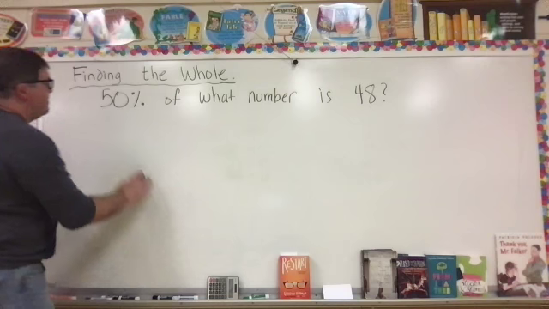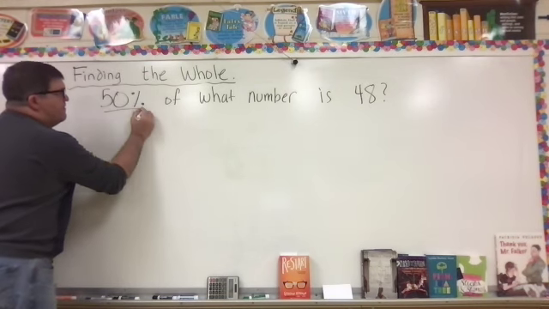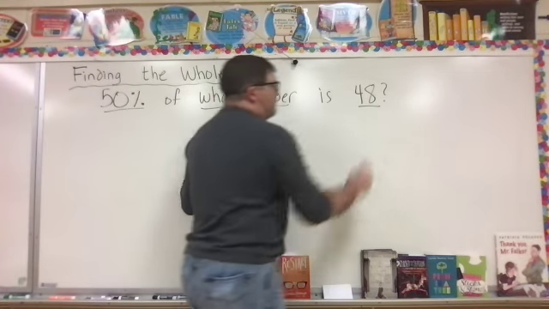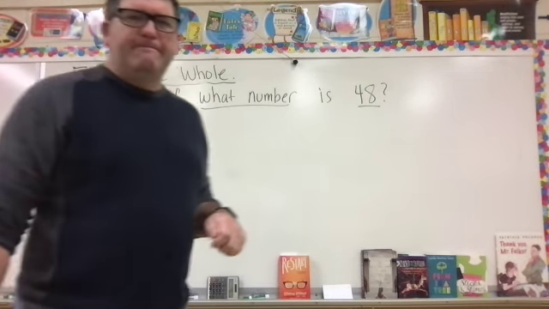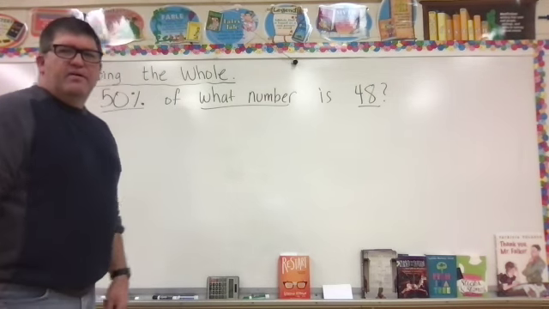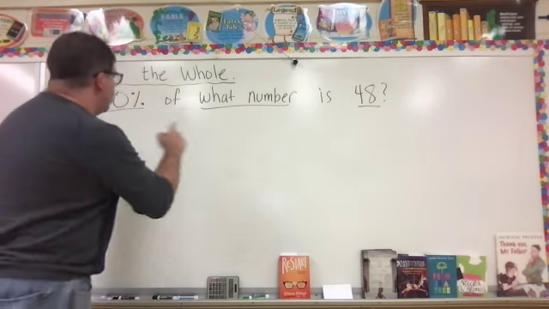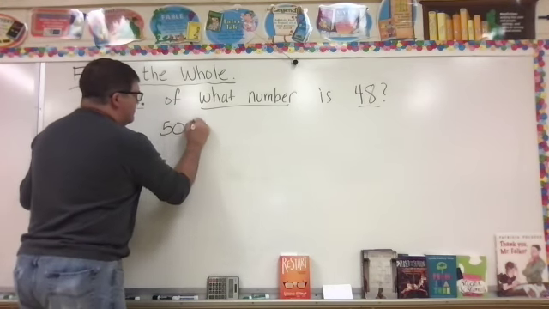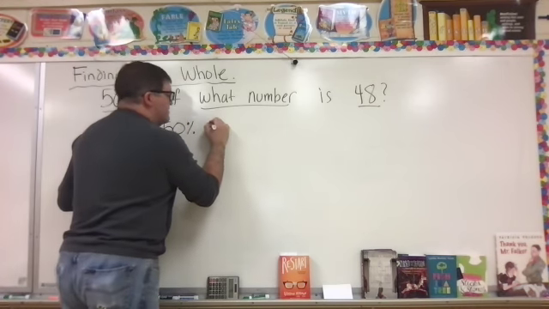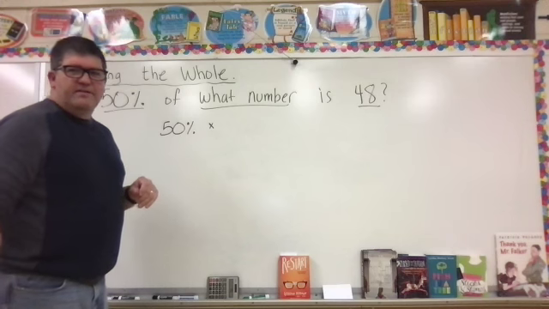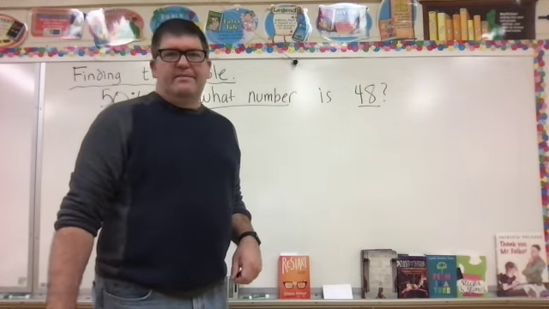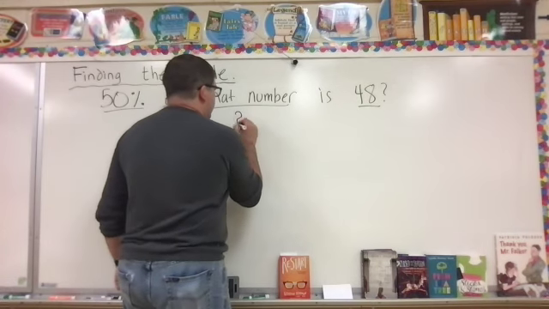So you might have a question that says 50% of what number is 48? Okay. Now, if we can write it out this way, we do a little changing. I'm going to keep the 50% just like it is for now. I told you that in math, of is the same as multiplication. Now, what number? I'm going to make that into a question mark.